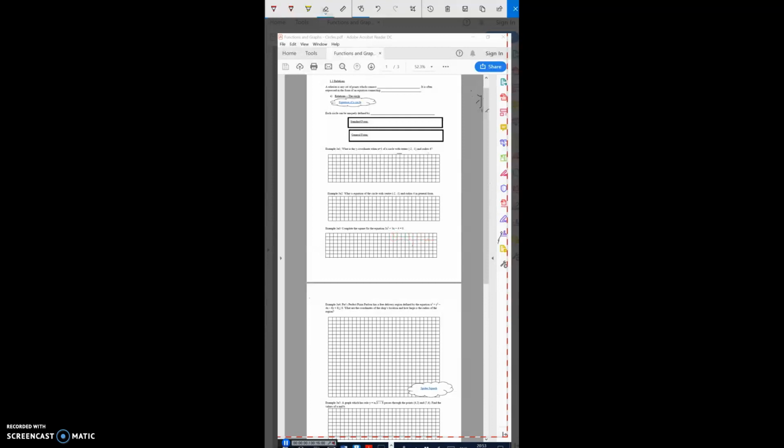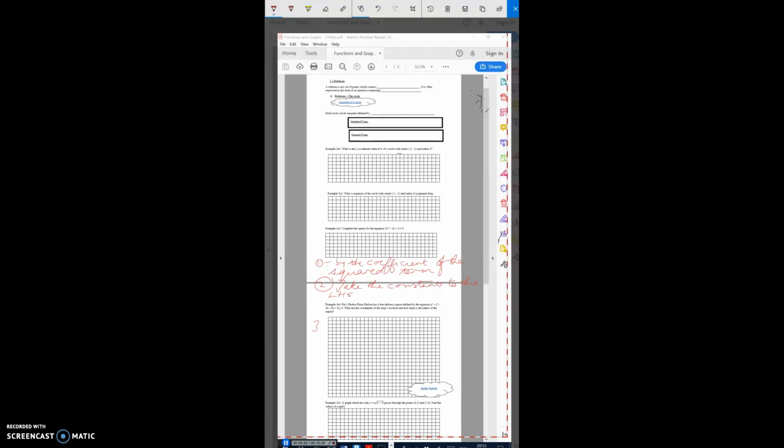So step 1, divide by the coefficient of the squared term. That's step 1. Step 2, take the constant to the left hand side. And keep on going down here.